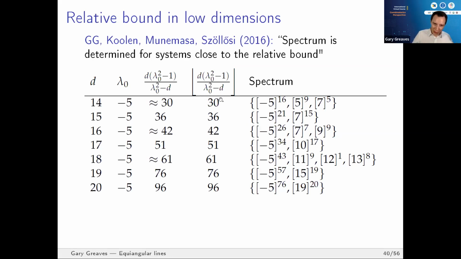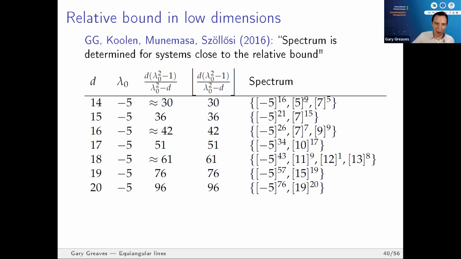And if you want to get equal to the floor, then we found that in many cases, the spectrum is completely determined. So what it means is that if there exist 30 equiangular lines in dimension 14, the corresponding Seidel matrix must have this spectrum. So we know that the smallest eigenvalue should be -5 and the multiplicity should be 16.